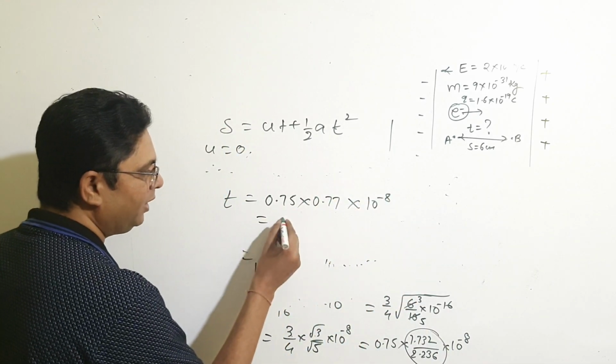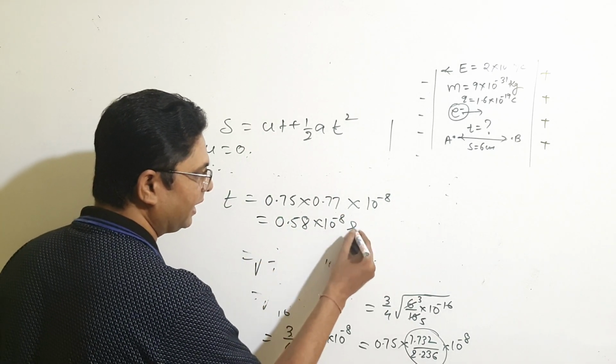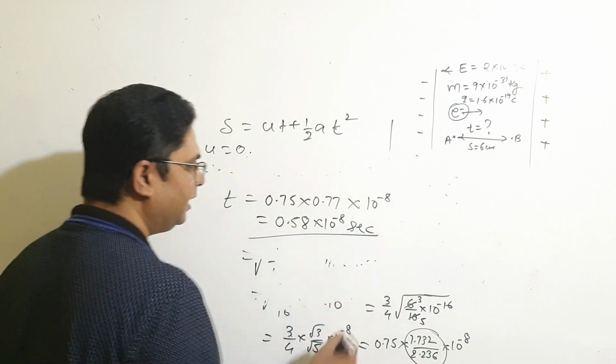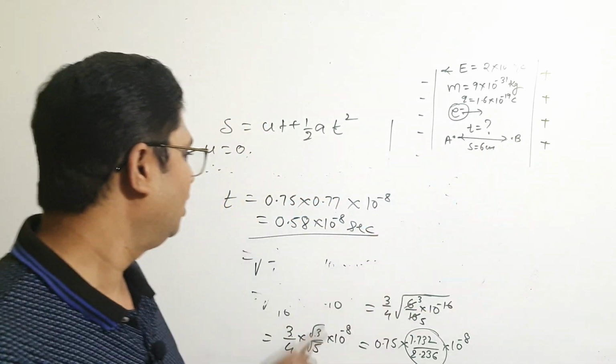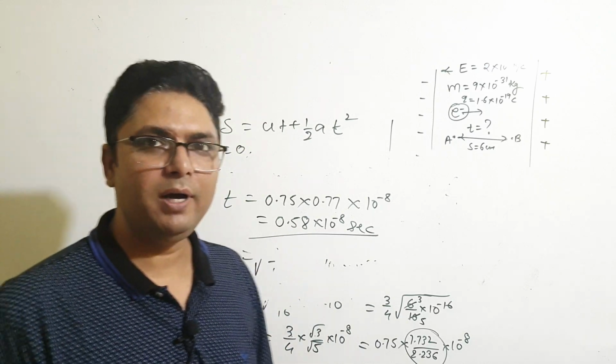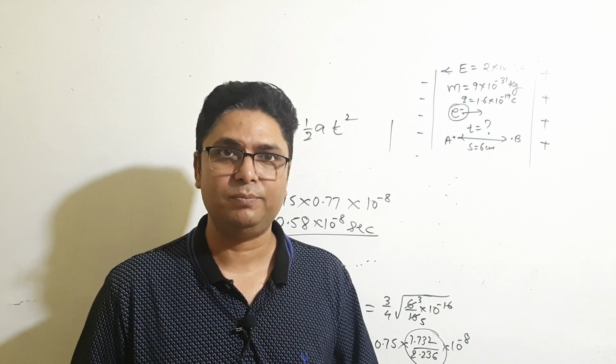When you multiply it you get 0.58 × 10^-8 second. Thus the time taken to move this charged particle from A to B is 0.58 × 10^-8 second. Let's learn the second numerical.